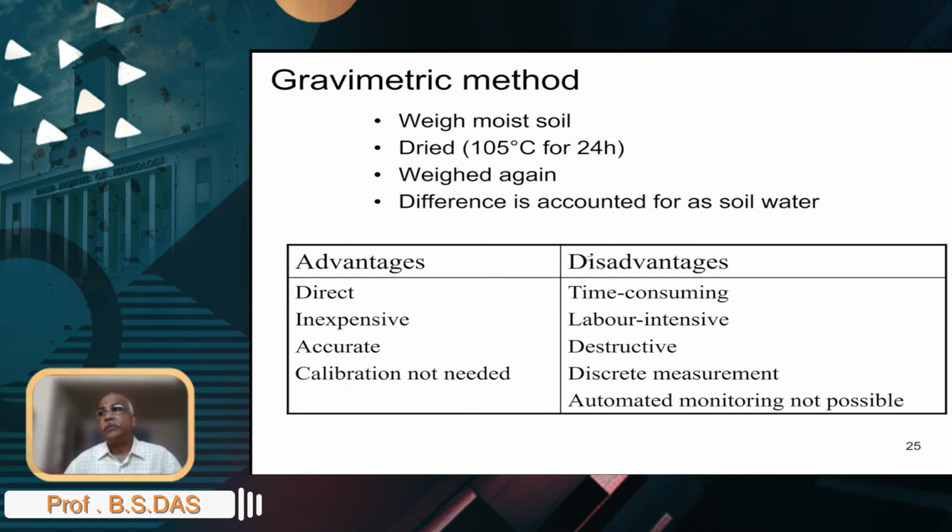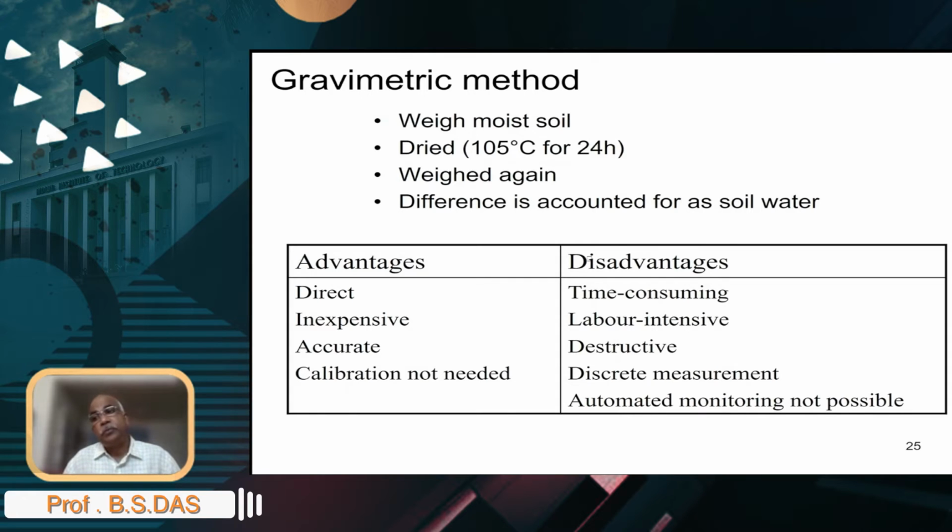Nevertheless, sometimes you need to be careful, because many times during collection of the sample, putting it in a moisture can, handling it and taking it to the laboratory, depending on how you are doing it, you can lose a substantial amount of the moisture during transport, unless you cover it.